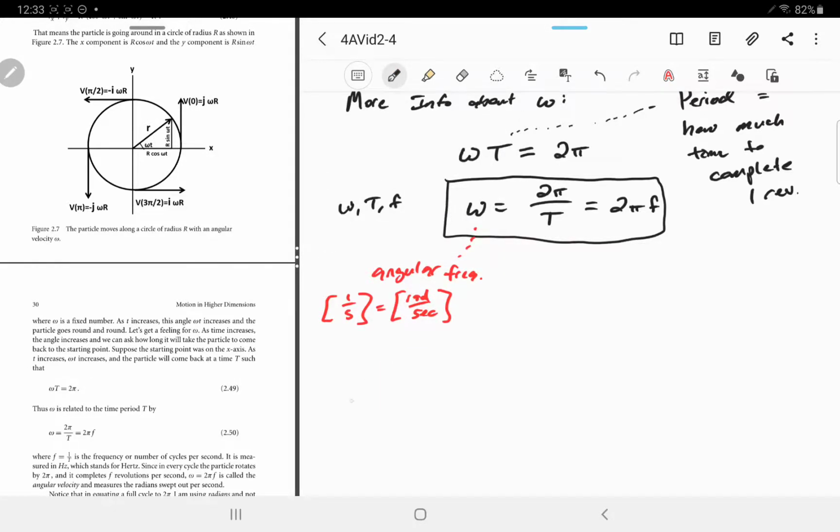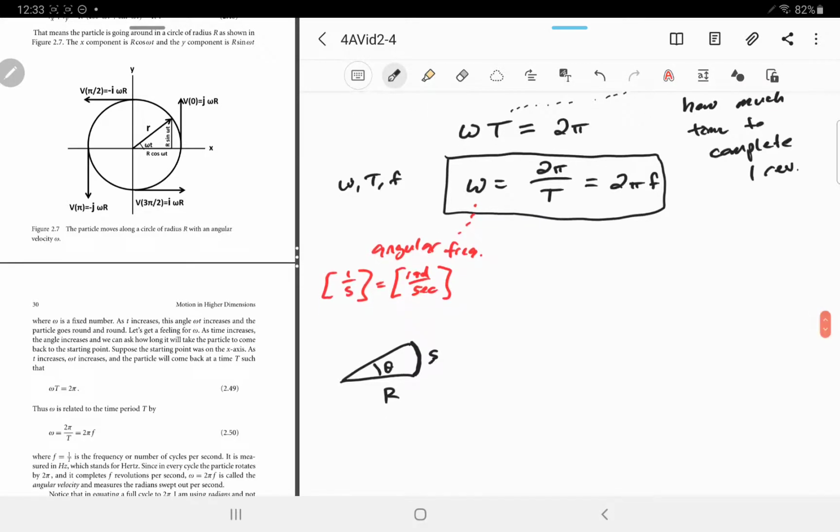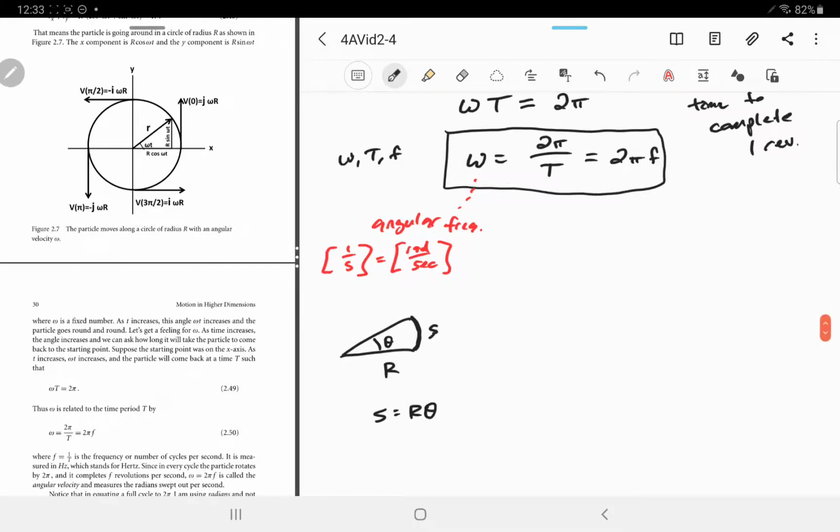If you have a section of a circle, you have some arc length, and you have a radius and you have an angle, then the arc length is equal to r times theta. This equation is true as long as theta is in radians. So theta has to be in radians. And this is exactly why we use radians instead of degrees. It's so that we could use this formula right here.